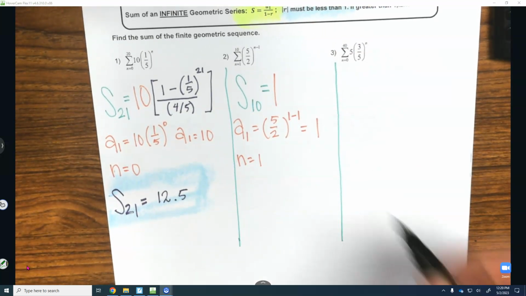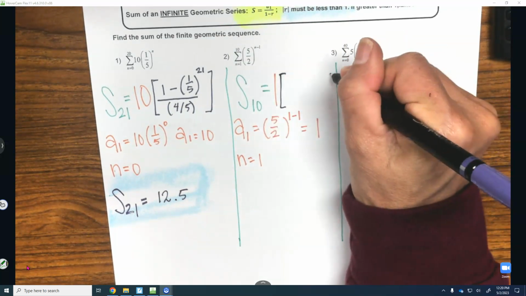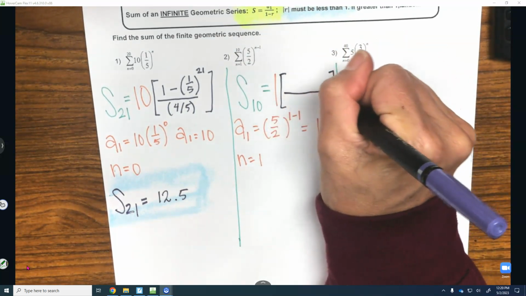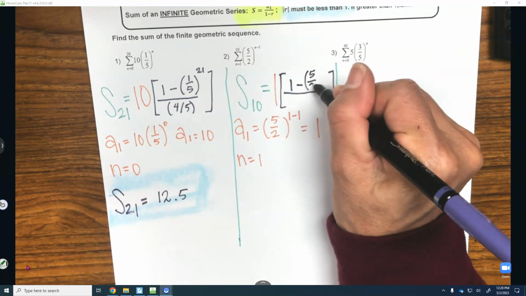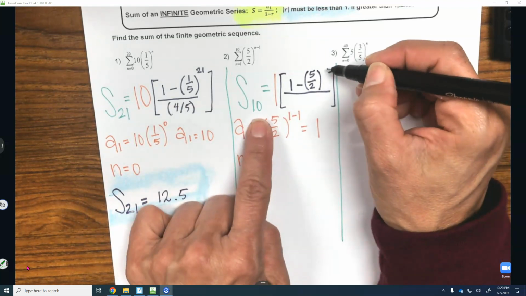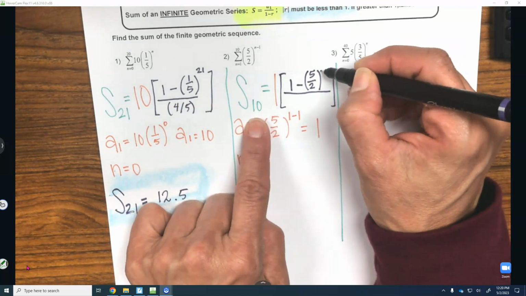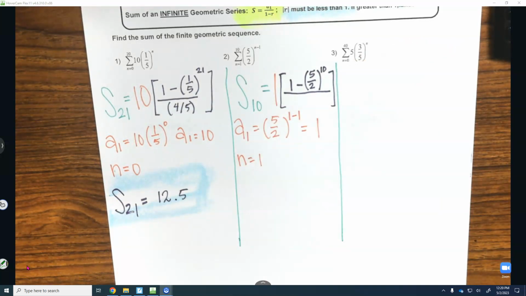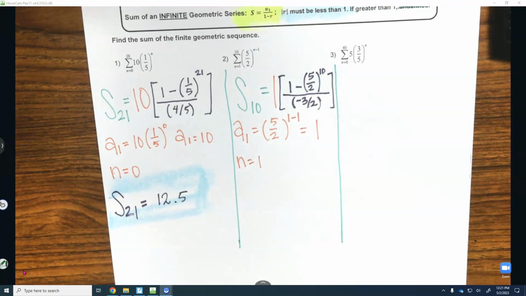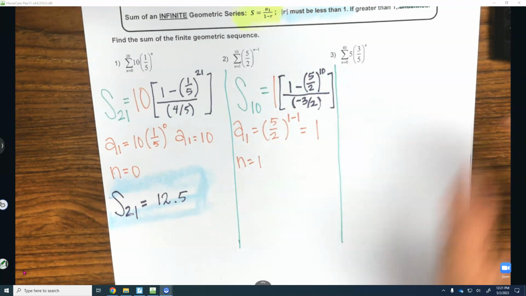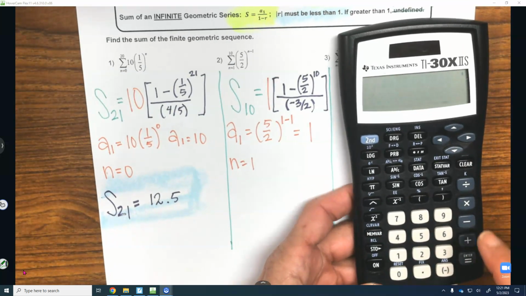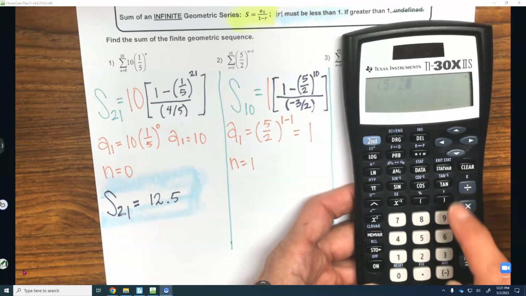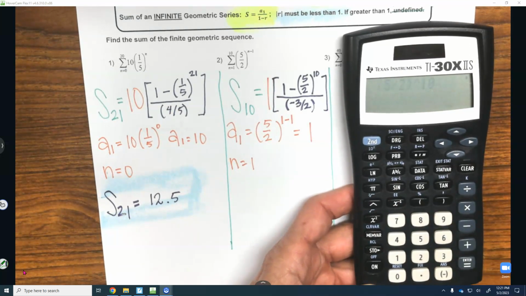All right, now let's work on our fraction. Now remember, it is 1 minus your r value of 5/2 raised to the same number that you wrote right here. So this is 2 to the 10. And then the bottom is going to be -3/2. All right, let's do what is in parentheses again, or actually brackets. I'm going to focus on 5 divided by 2. I'm going to raise that to the 10th power.